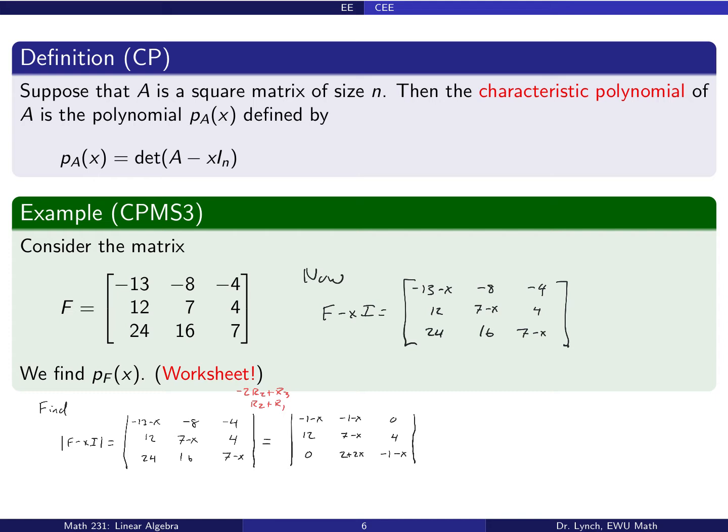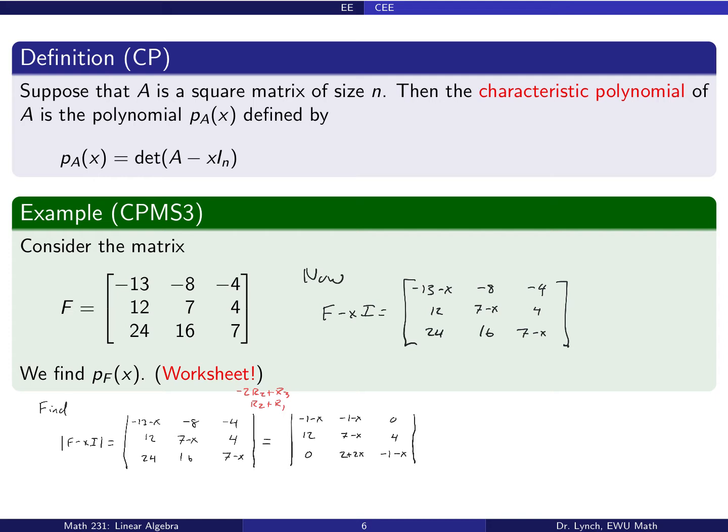When it comes to eigenvalues and eigenvectors, there's no right or wrong way to simplify determinants, but I noticed that we could get a couple zeros here by adding -2 times row 2 plus row 3, and then taking row 2 plus row 1 to give us a new row 3 and row 1.